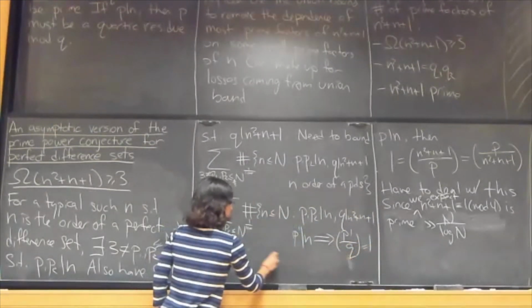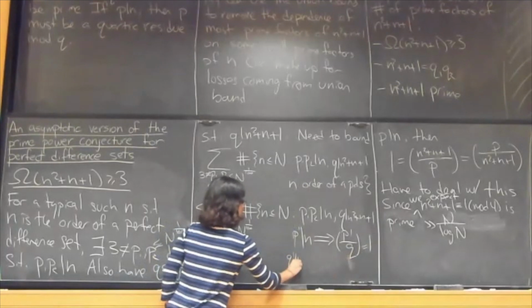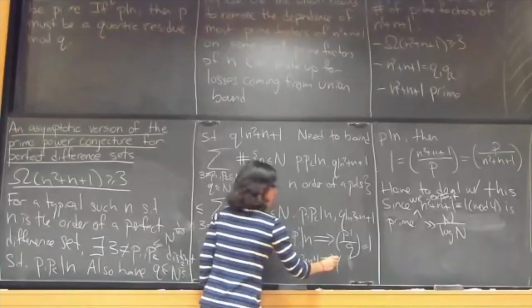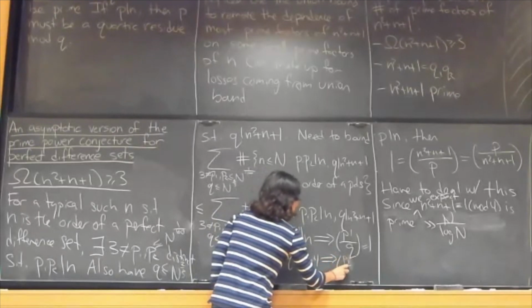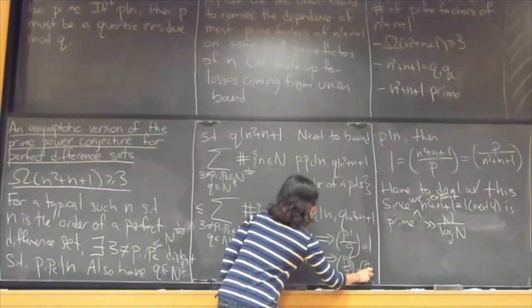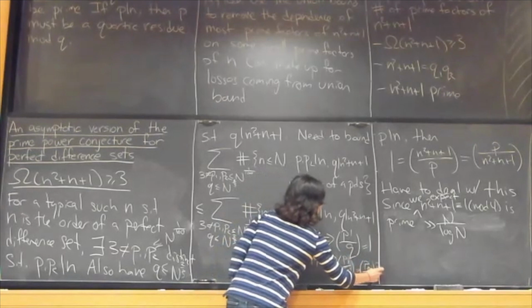And if, say, q prime divides n squared plus n plus 1, then p1 and p2 have to be quadratic residues mod q prime.